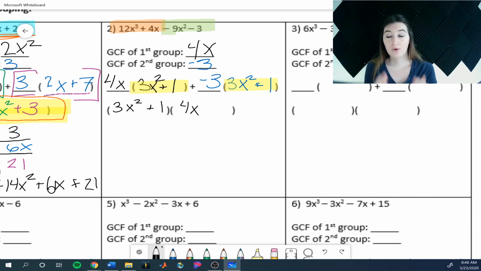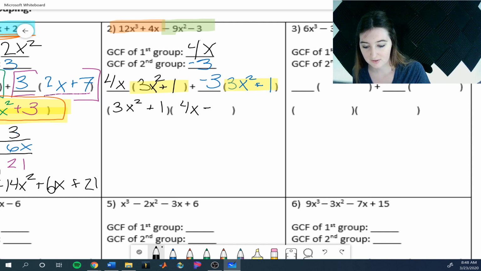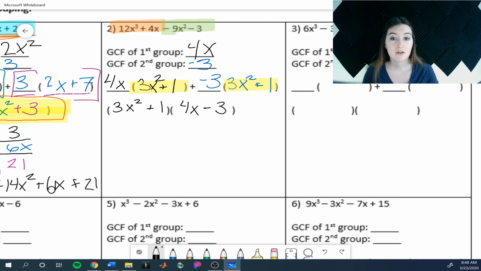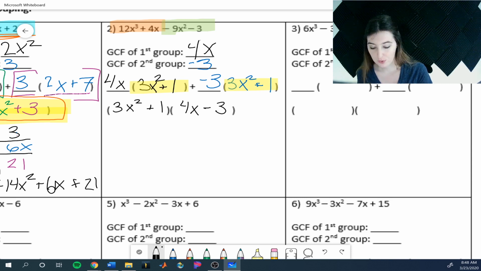If I pull out 3x squared plus 1, what is left over? -3. Okay. So this guy right here is going to be my answer.